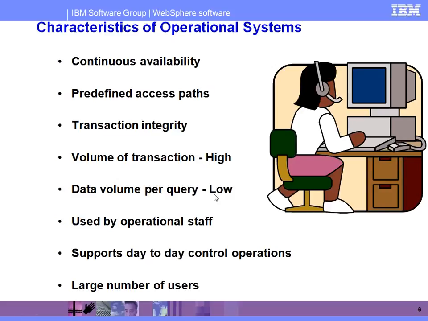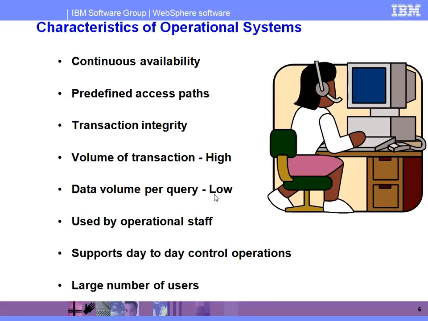And who will use this operational system? For example, some people are sitting in front of a call center. Who are they? Are they the senior managers? Are they the top level management? No. Generally, in any business implementing a data warehouse, the operational data is used by operational staff.